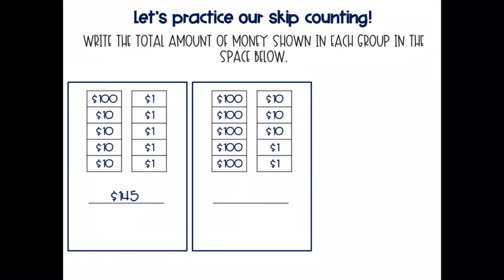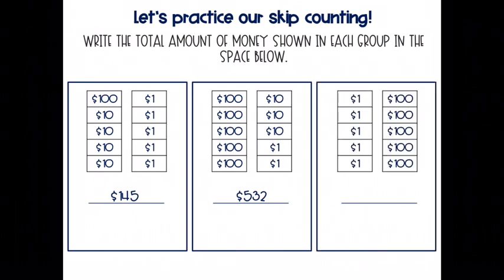Let's try another one. Count up your hundreds, tens, and $1 bills to see how much money we have. If you said $532, you are right. Awesome. Let's try one more together. This time, if you'll notice, they're not in order of hundreds, tens, ones.